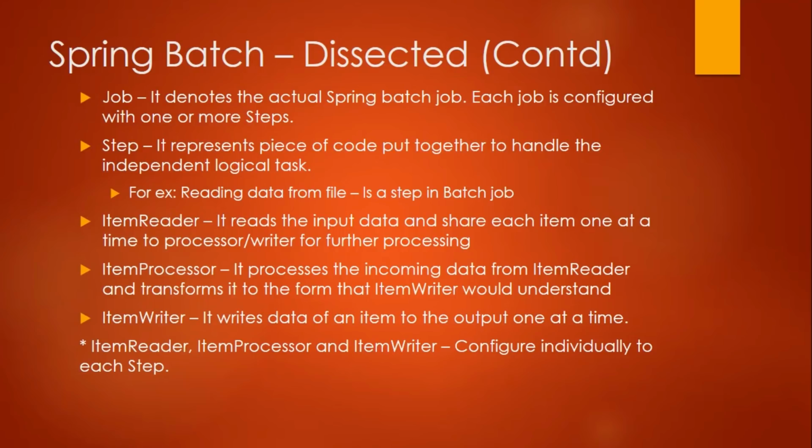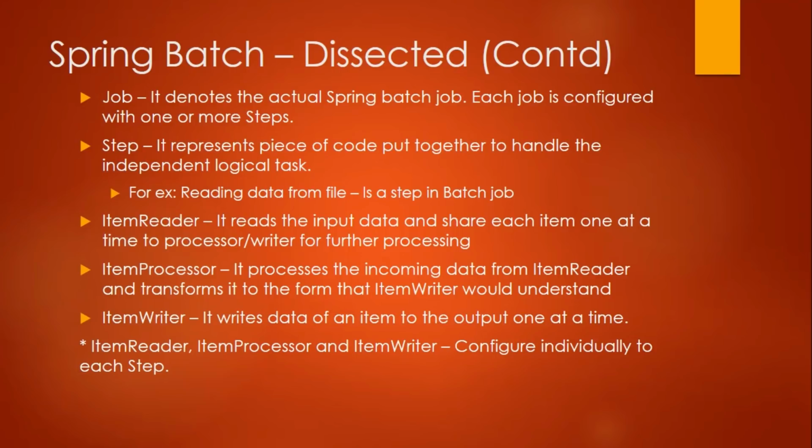I know this will be a bit confusing here, but when you take a look at the code, it will be more convincing. For now, just understand what is job, step, item reader, item processor, and item writer, because these are the jargons which we will be using while creating a Spring Batch application.